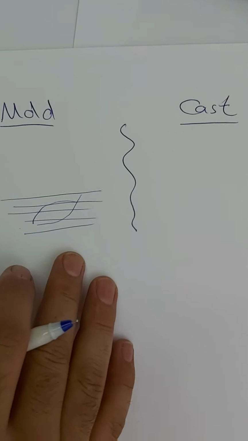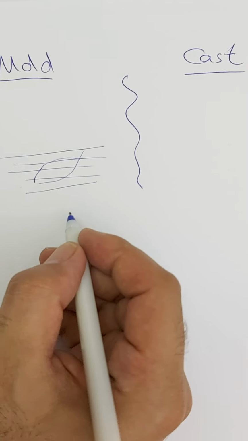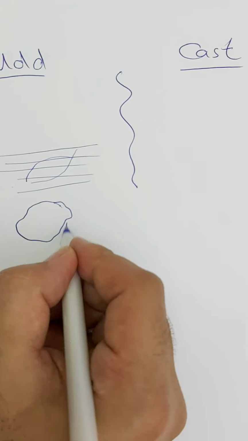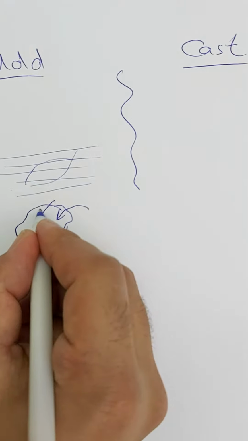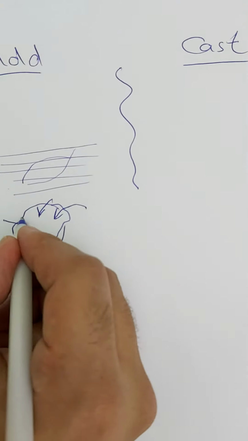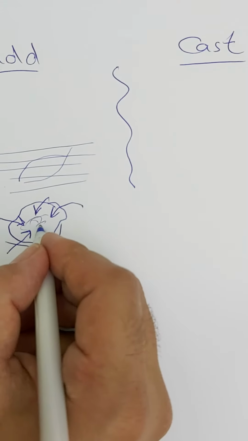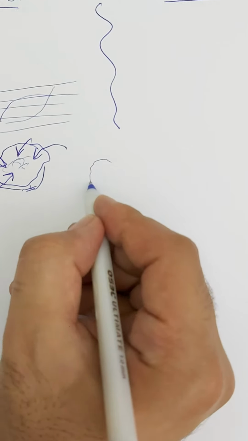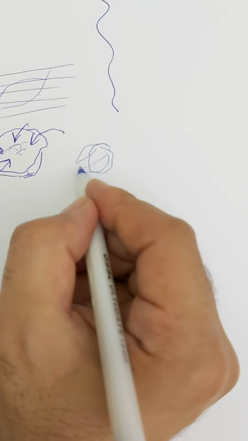Like if you want to make some cookies, okay, they'll bring what? They'll bring a mold, for example, a shape. They'll put inside it wood or anything else, okay? Then it will be removed outside to take the shape of this type of cookies.